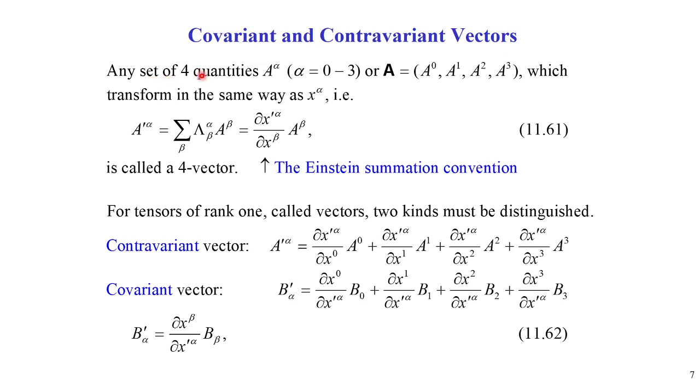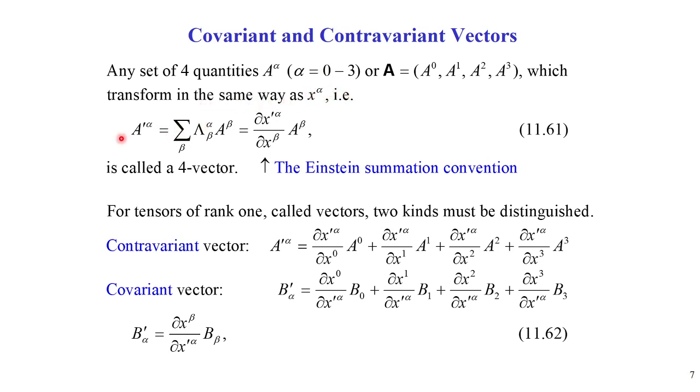Any set of four quantities A alpha, where alpha runs from 0, 1, 2, 3, you can denote as a vector: A0, A1, A2, A3. These are four quantities which transform in the same way as x alpha.